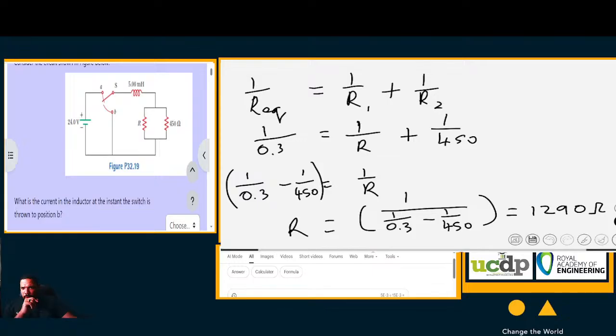Oh, wait, let me just check. They used microfarad. Is this microfarad? That is millihenry. They use, that's milliseconds. So they're both milli. Okay, so let me just check this calculation then. I think I might have used micro in one of them, but let's just see. This is how it should go.